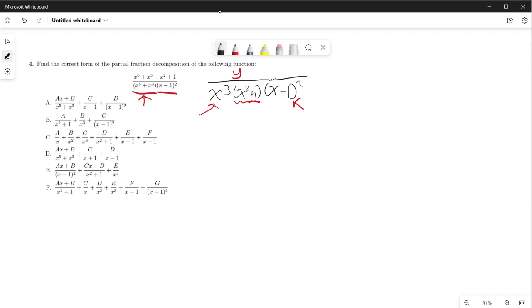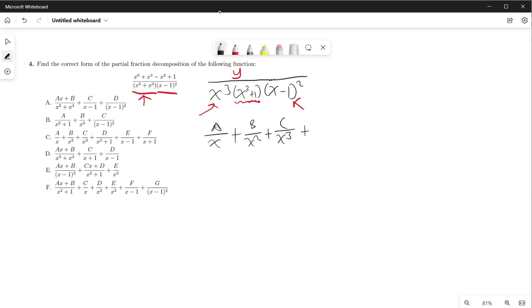So x will have its own little fraction here, and then x squared, and then x cubed. Each of the repeated linear terms gets its own, and so will the last part here, but that can be dealt with later on.